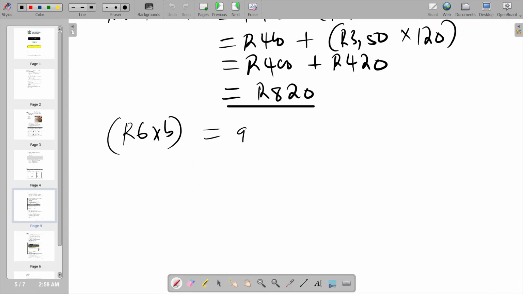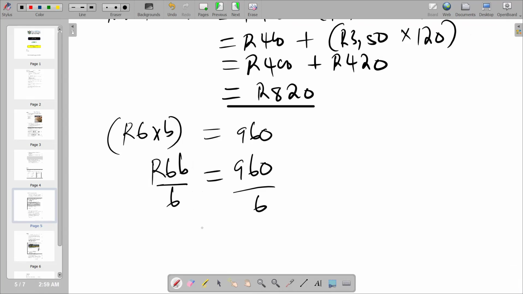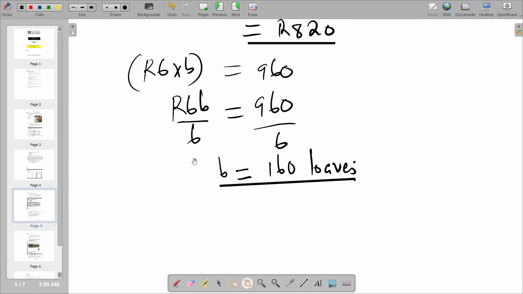In other words, 6 rand B is equal to 960. So to find B, we divide by 6 on both sides, whereby B becomes 960 divided by 6. The answer that we are supposed to get is 160 loaves. So we take note in terms of our B.